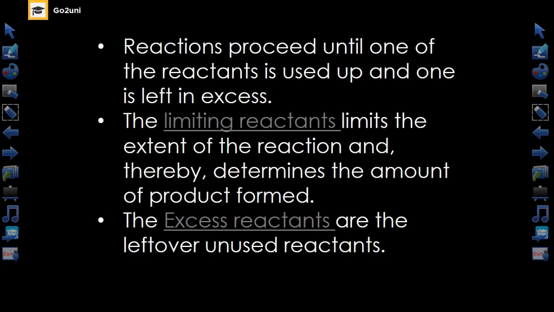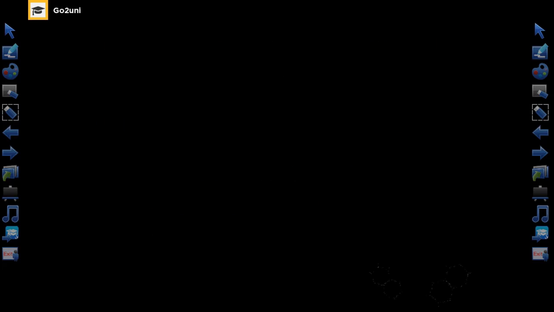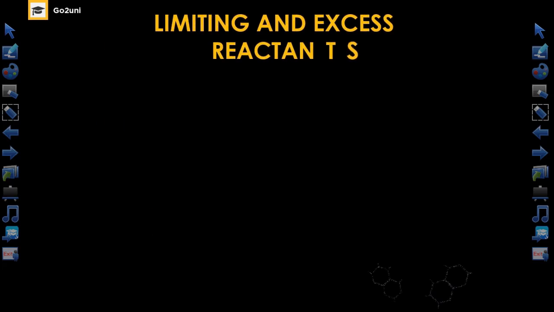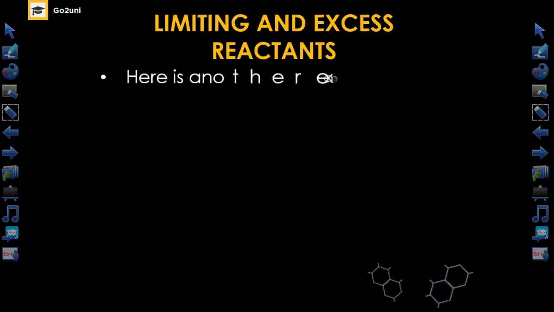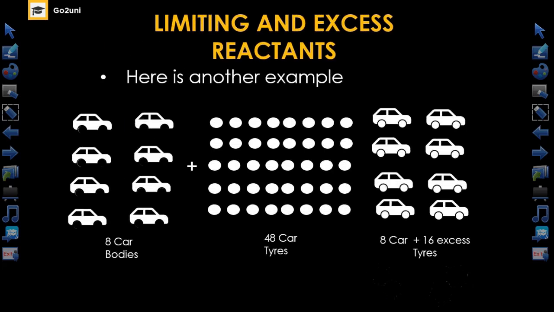Let us now get to understand what we mean by limiting reagent and excess, looking at this pictorial illustration of limiting and excess reagent. We have 8 car bodies and 48 tires.